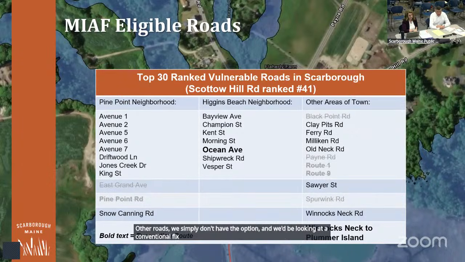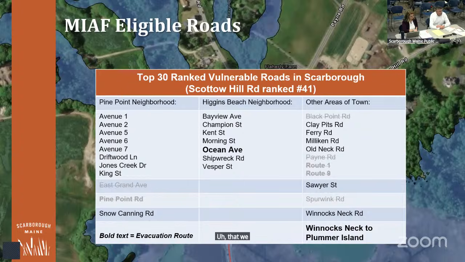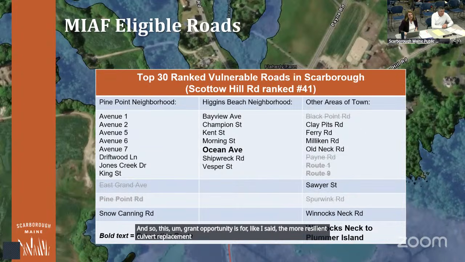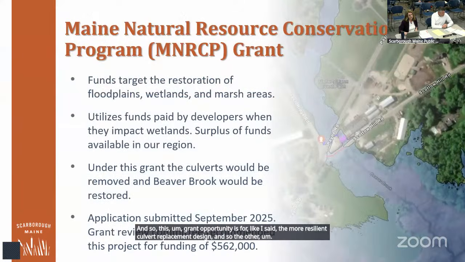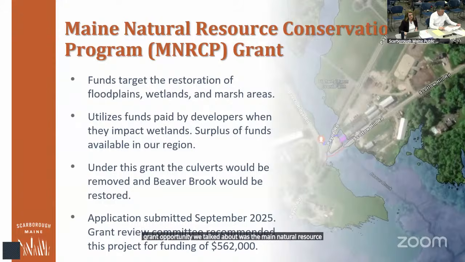So I think it's worthy that we're taking the time. I know it's been inconvenient to some, that we understand the options and make the right choice for our residents and for the bottom line too. And so this grant opportunity is for, like I said, the more resilient culvert replacement design. The other grant opportunity we talked about was the Maine Natural Resource Conservation Program.